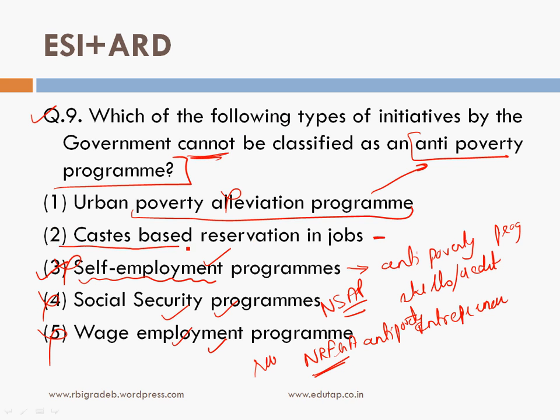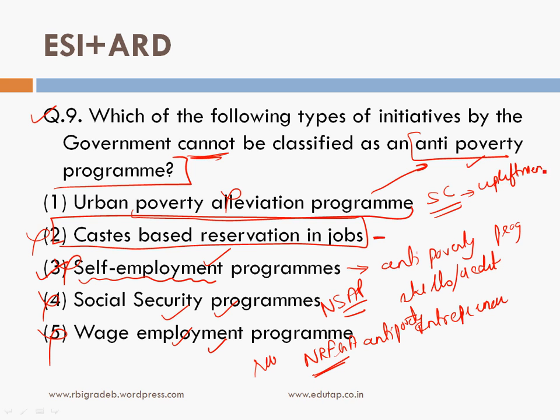Let's see this, caste-based reservation in jobs. No, this is not an anti-poverty step or an anti-poverty program, right? When we talk about caste-based reservation, that we have given reservation in jobs for scheduled castes, it is not for anti-poverty, it is for their upliftment basically.